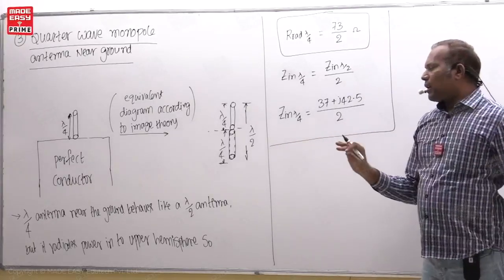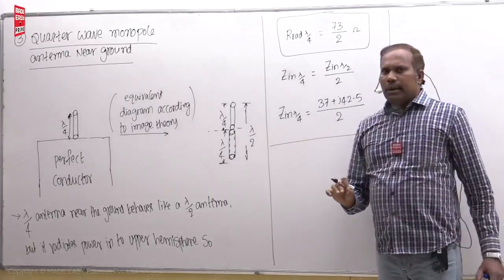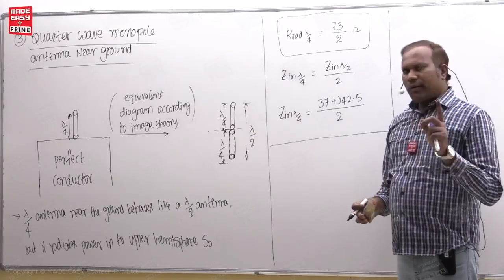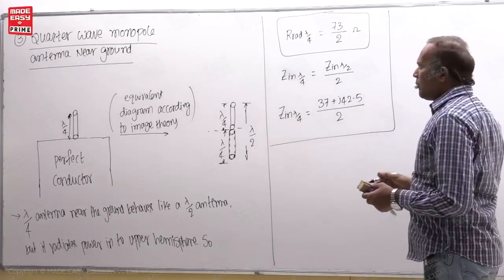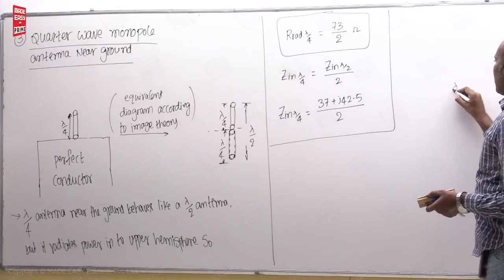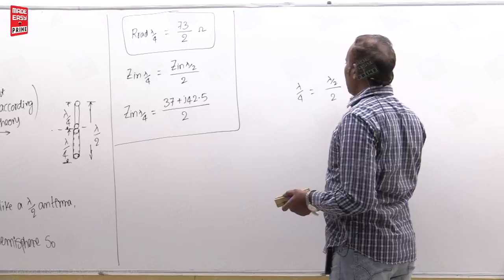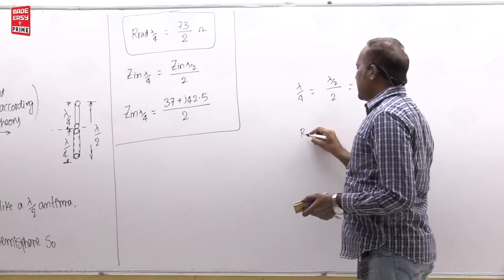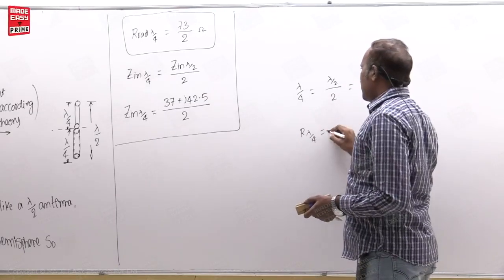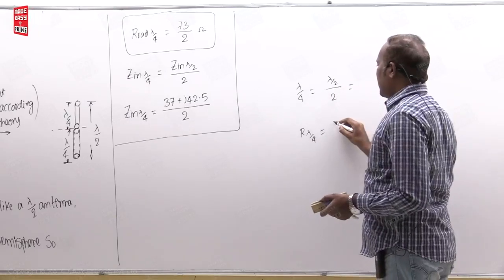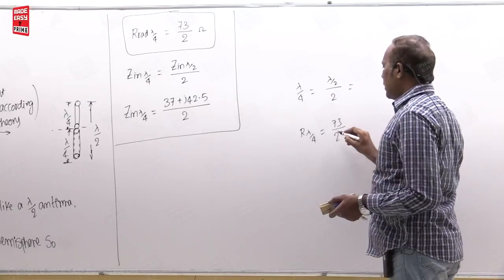Now coming to the conclusions, you have to remember the radiation resistance of lambda by 2. If you want the radiation resistance of a lambda by 4 antenna, lambda by 4 is nothing but lambda by 2 divided by 2, so for the lambda by 2 antenna it is 73, divided by 2.